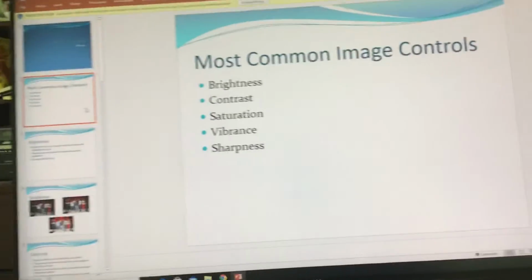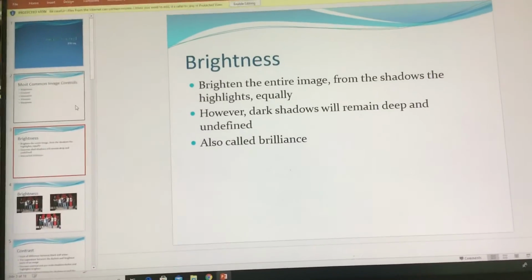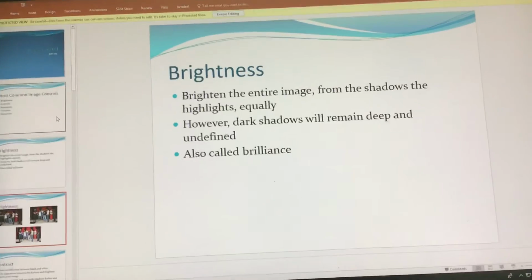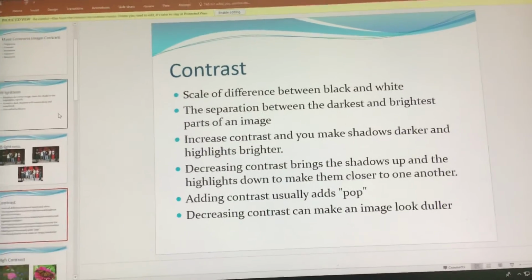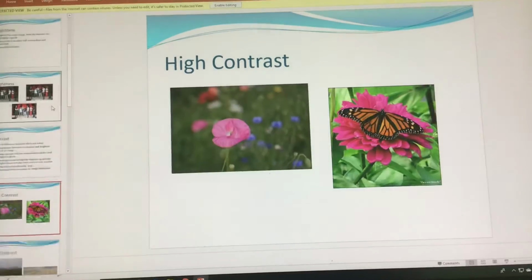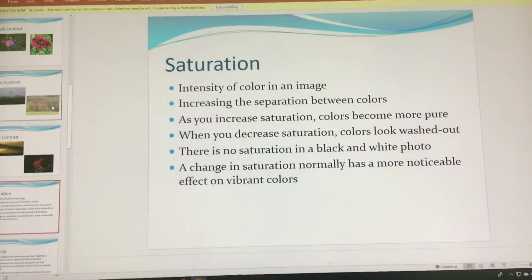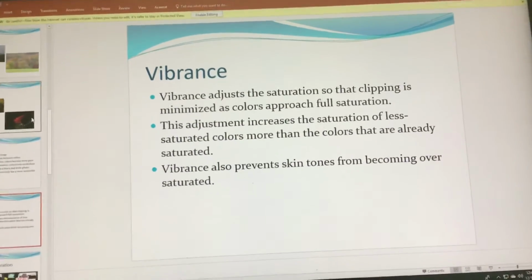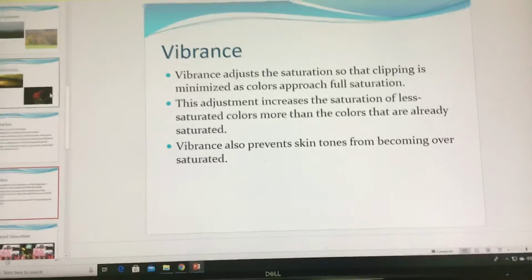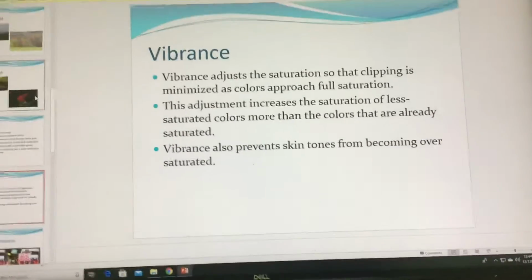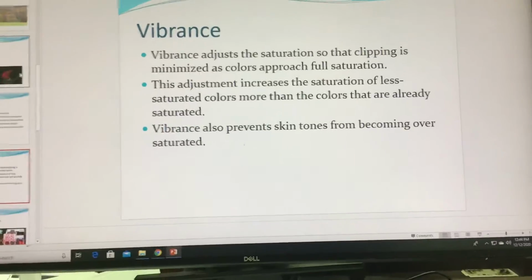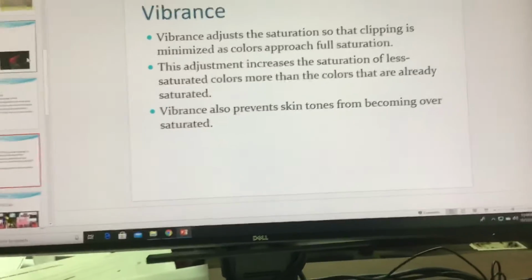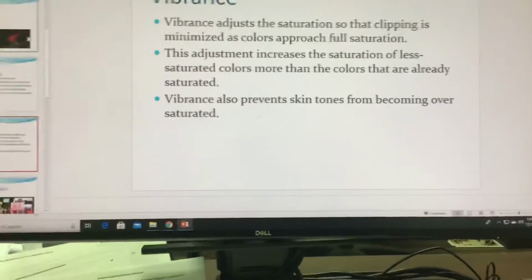So to define each one, brightness is when you brighten the entire image. Contrast is the scale of difference between black and white. Saturation is the intensity of color in an image. Vibrance is kind of a made-up term, but it's where you adjust the saturation so that clipping is minimized as colors approach full saturation.